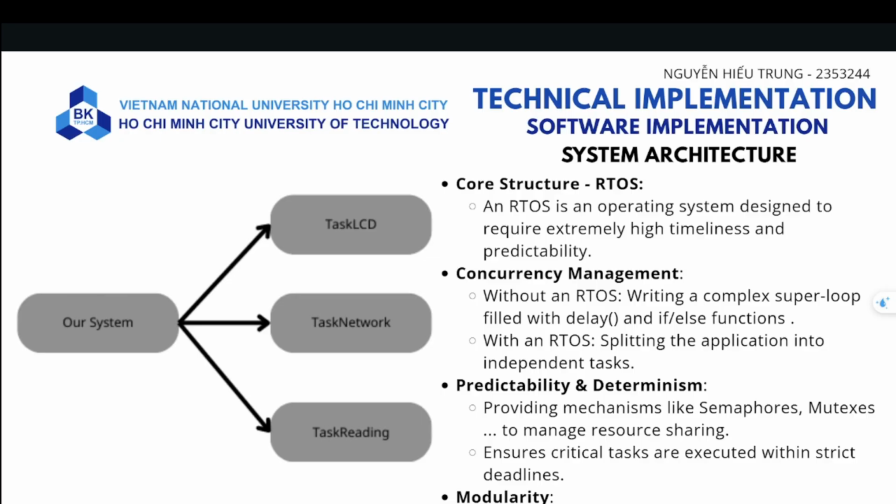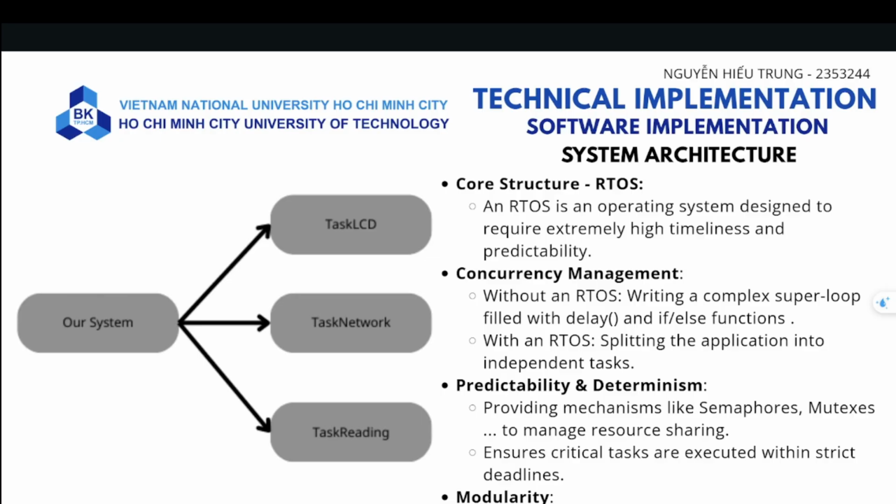In an embedded system, the microcontroller needs to perform many things simultaneously: reading sensors, handling Wi-Fi communication, updating a display, and responding to button presses. Without an RTOS, we would have to write a complex super loop filled with delays and if-else statements.